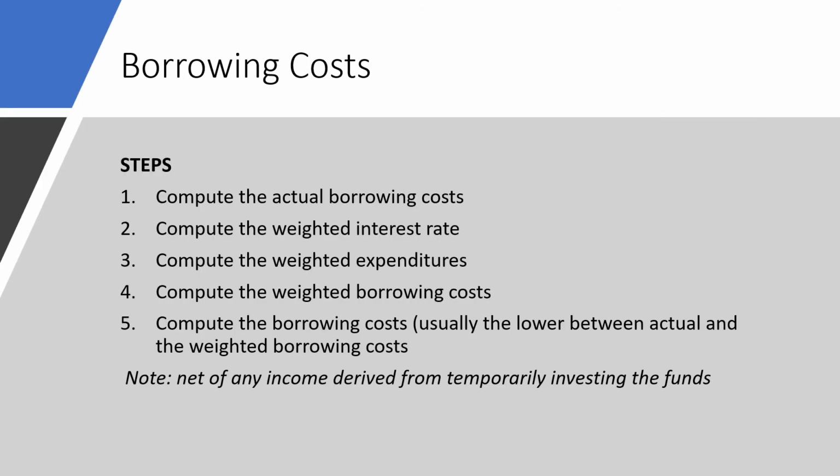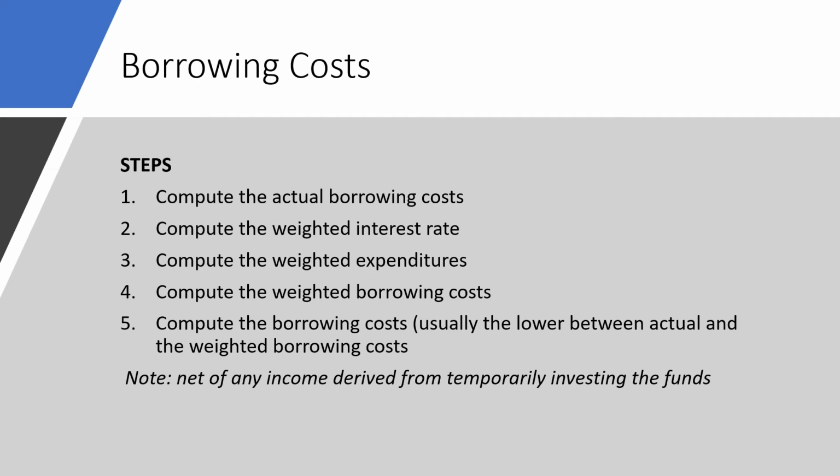These are the steps. Although it may not always go exactly like this, it is better for you to understand and familiarize yourself with the steps in accounting for borrowing costs. Number one, compute the actual borrowing cost.